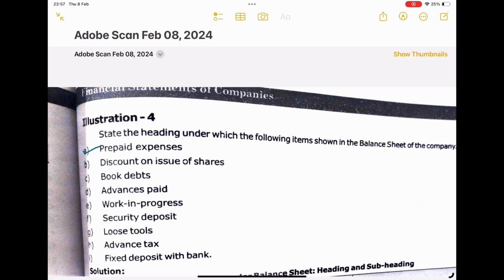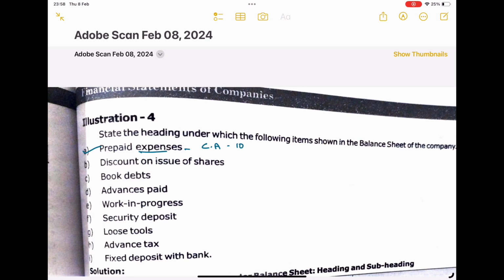Instead of paying 1 month rent, you give 2 months rent to your owner, which means you have prepaid your March month rent, isn't it? So these prepaid expenses are an asset, that is a current asset. So we will write it in current assets, that too in other current assets, that is note number 10.